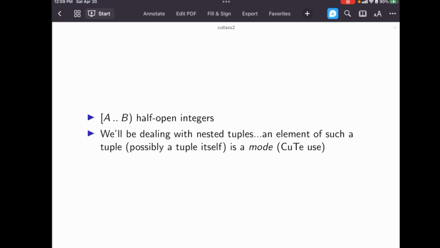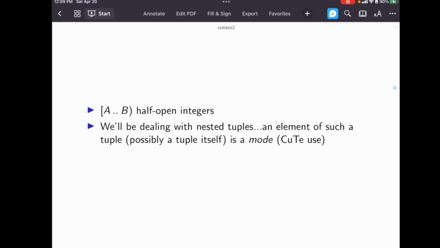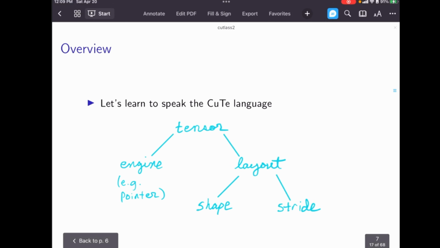And this thing that's called a mode is the notion of these nested tuples that we're going to be talking about, which are tuples of integers. Each element of a nested tuple, which is possibly a tuple itself, is going to be called a mode. It's easy for me to move on and forget that that's terminology I was confused by at first, but I wanted to clarify right up front.